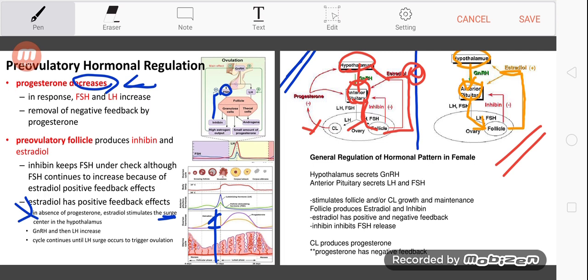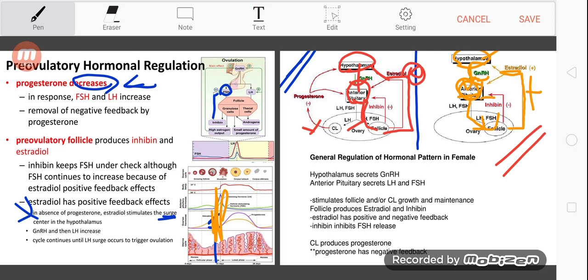The elevation of estradiol at the end phase of the follicular phase will stimulate the hypothalamus to secrete more GnRH, and also stimulate the anterior pituitary to secrete more LH, FSH.